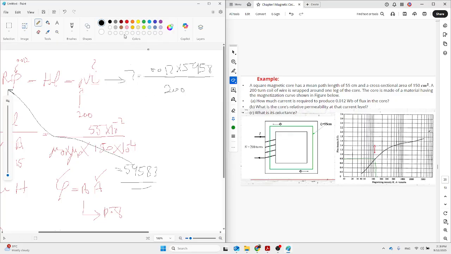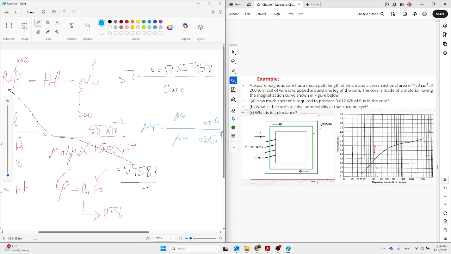Okay, part B, mu r. As we know, mu r is mu divided by mu 0, as simple as this. Mu is 0.0062 divided by mu 0, which is 4 pi times 10 to the minus 7.